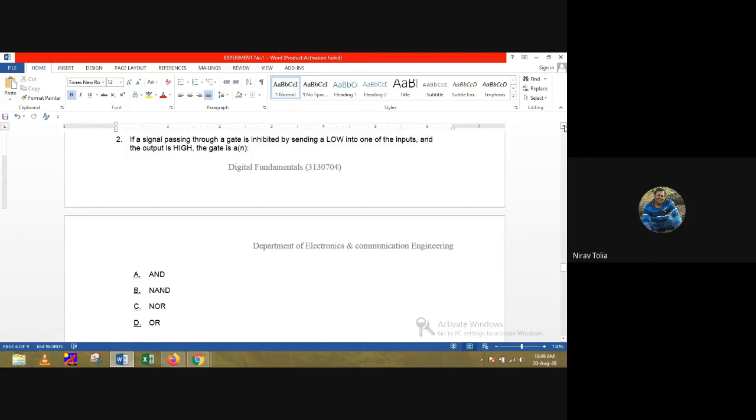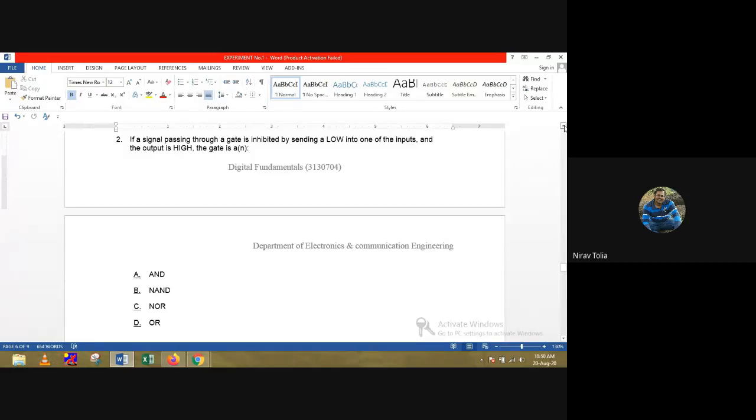Only Kev and Parthiv gave the answer. Again, you can say for a NAND gate also, if any one input is 0, then you get the same answer.